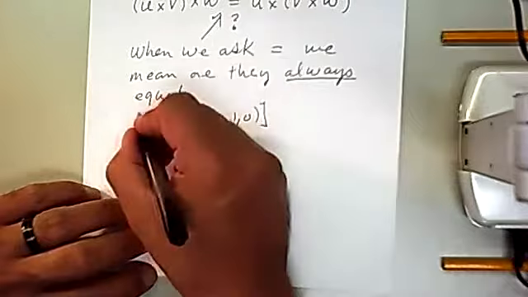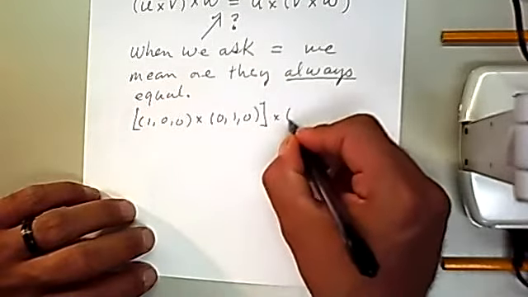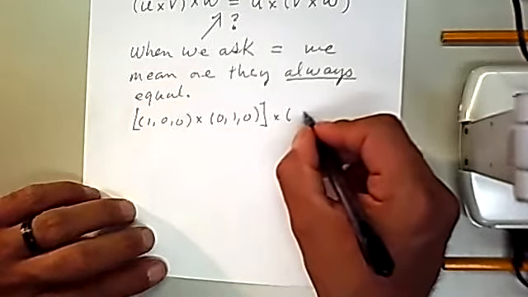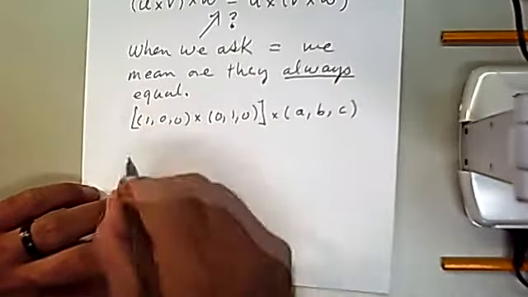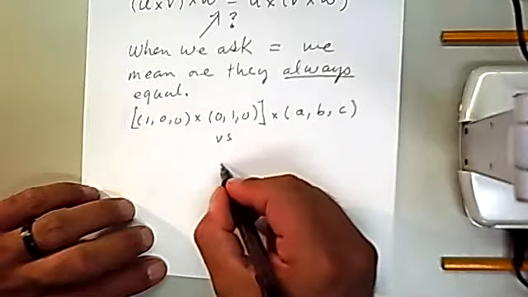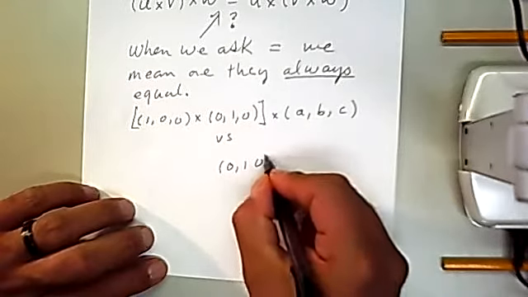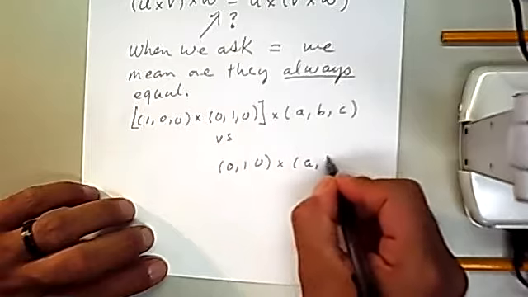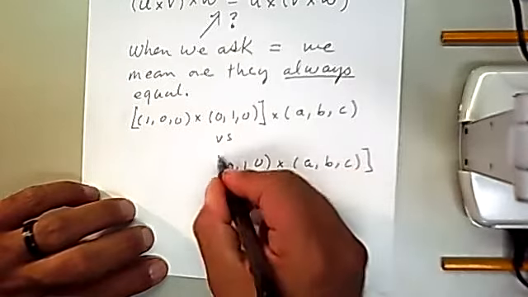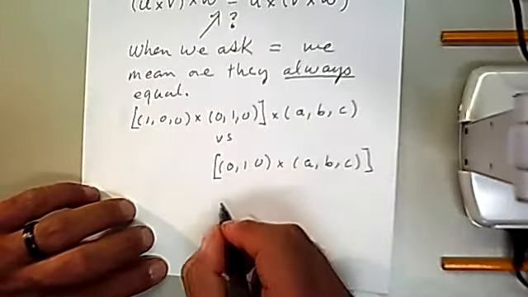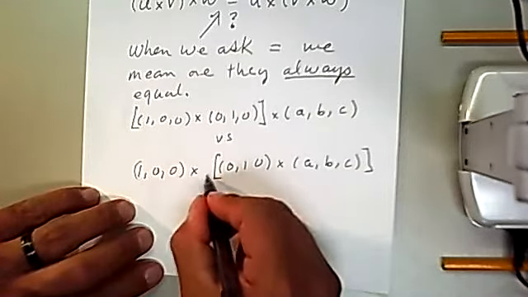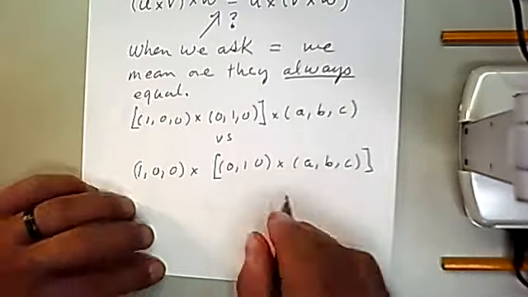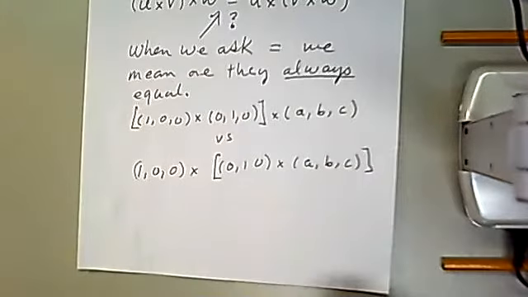And then once you have that, cross the result with a generic a, b, c. Then cross 0, 1, 0 with a, b, c, and after you do that, cross 1, 0, 0 with that product. You will realize that the two are not equal.